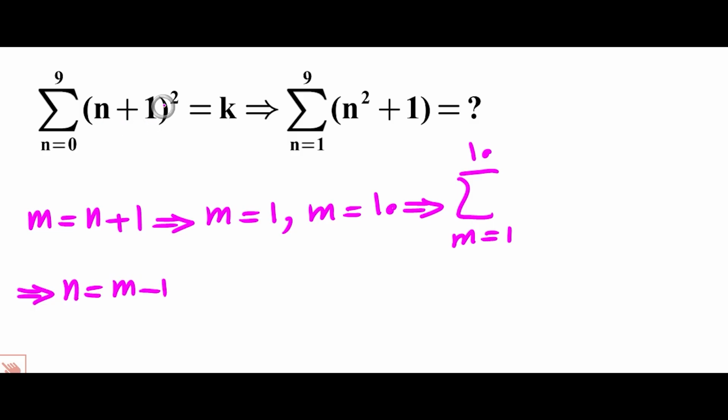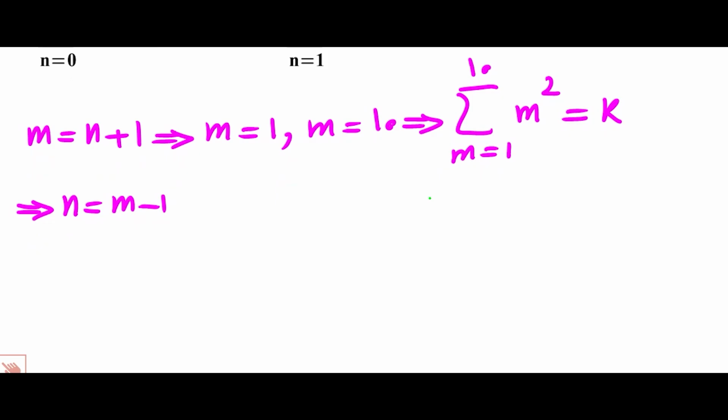So (n plus 1) whole squared becomes m squared, and the sum equals k. And we can rename the index m as n. So the sum of n squared from n equals 1 to 10 equals k.